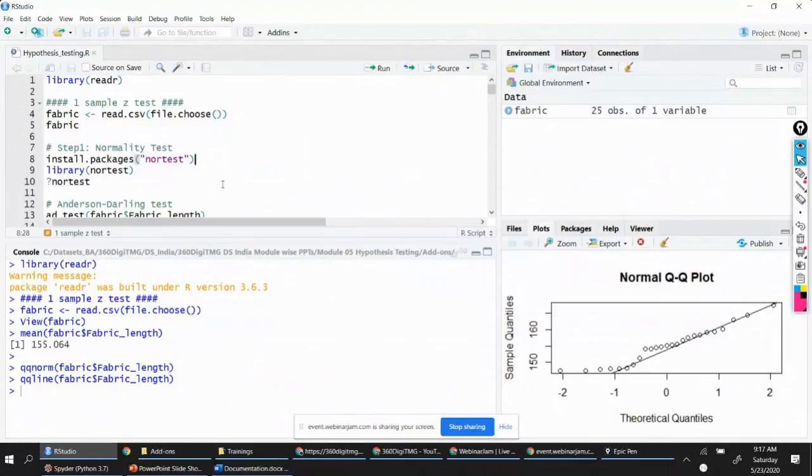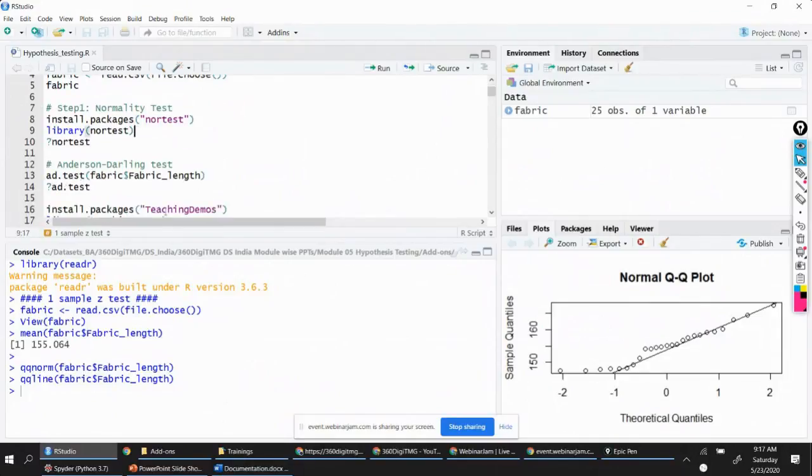Anderson-Darling is one of the tests, or one of the scientists who came up with a test to prove that data is normally distributed. So in order to do that, I use this library called nortest. Install the package and load it. If it is not already present, install it first.